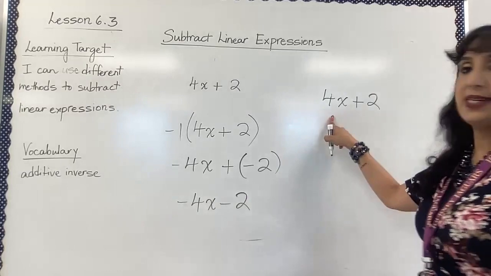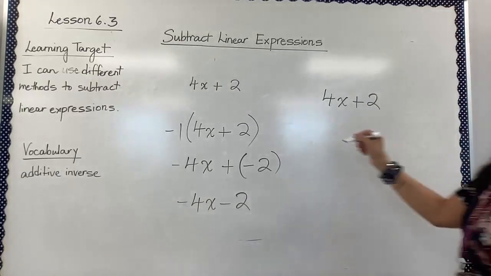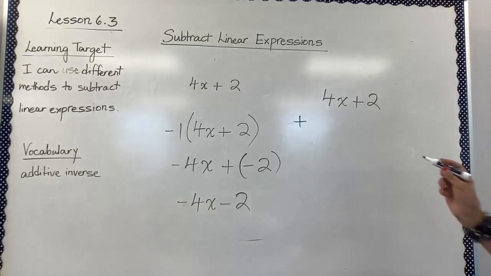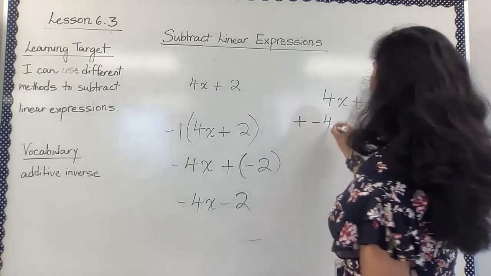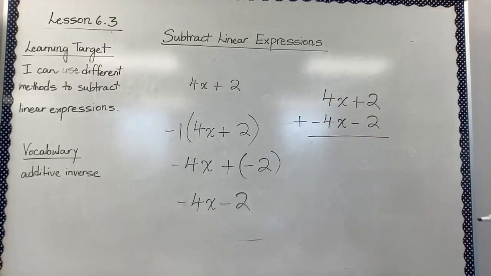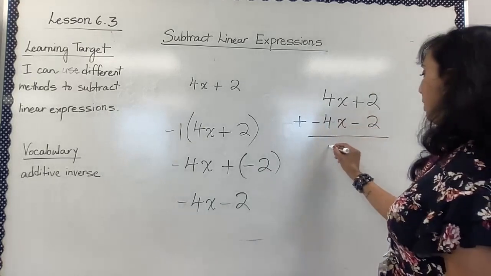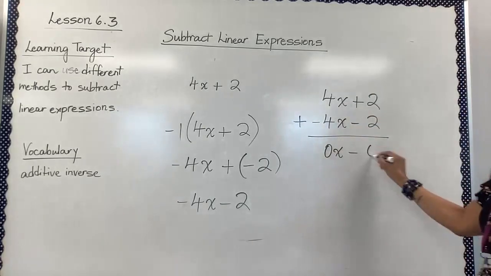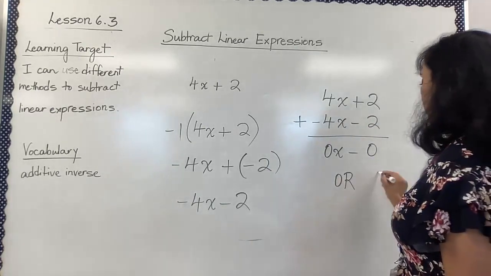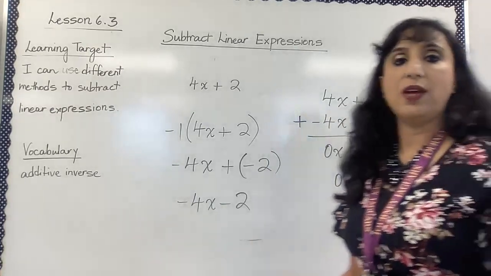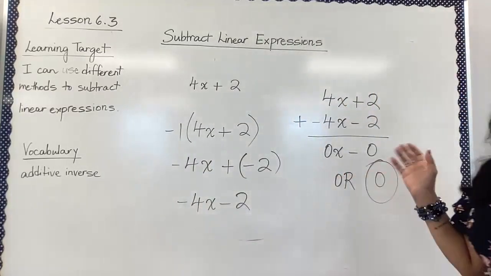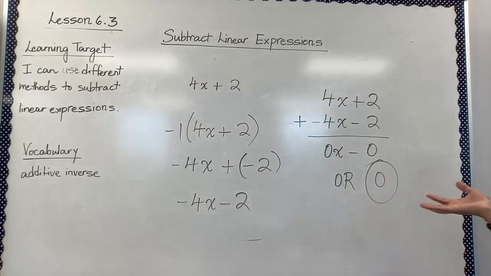If I add an expression with its additive inverse, 4x plus 2 and negative 4x minus 2, you can see that I'm going to get 0x minus 0, basically 0.